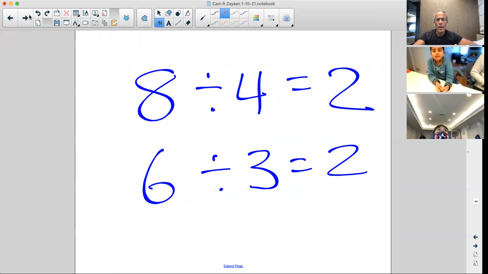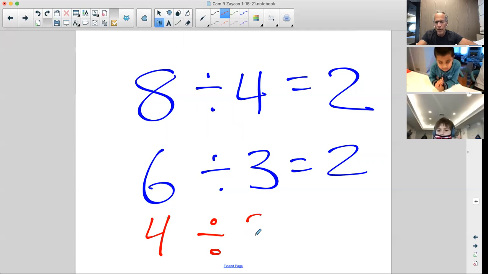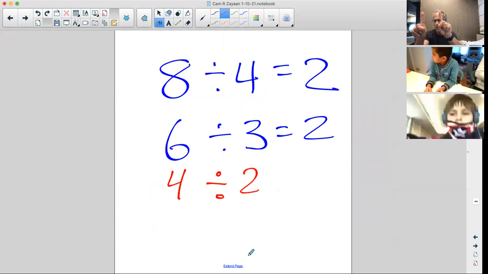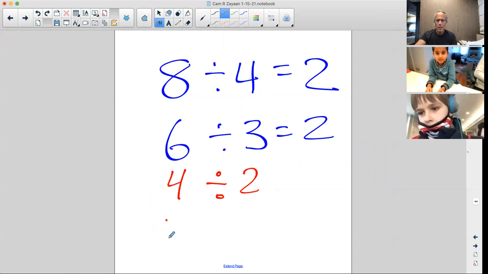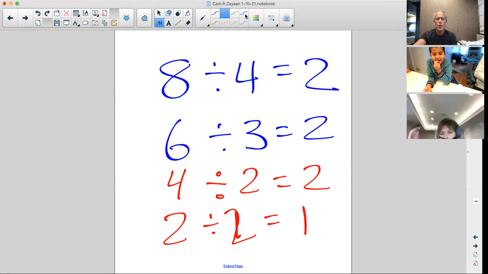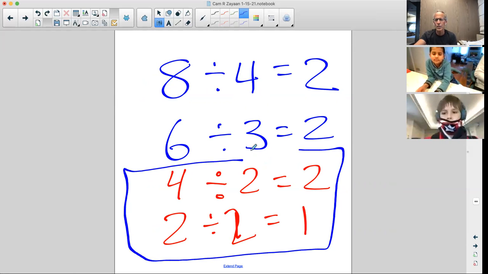If 8 divided by 4 equals 2 and 6 divided by 3 equals 2, what about 4 divided by 2? Come on. What does that equal? 2. Now what about 2 divided by 2? 1. Yes. And so therefore, you gentlemen have figured out the only two ways to divide to 2.